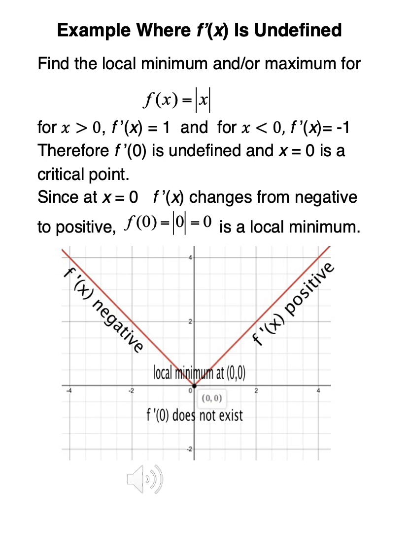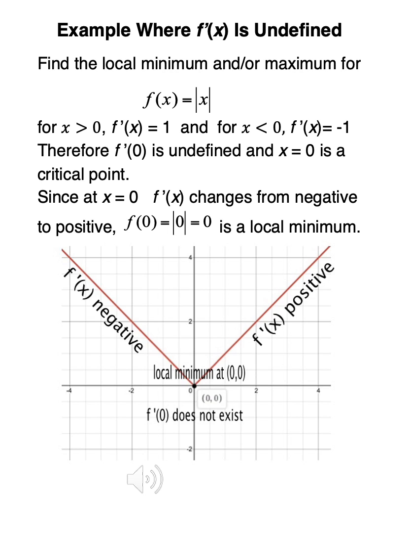So at the critical point, the first derivative changes from negative to positive, which means at x equals 0 we're going to have a local minimum, and that local minimum will be f of 0, and the absolute value of 0 is 0.